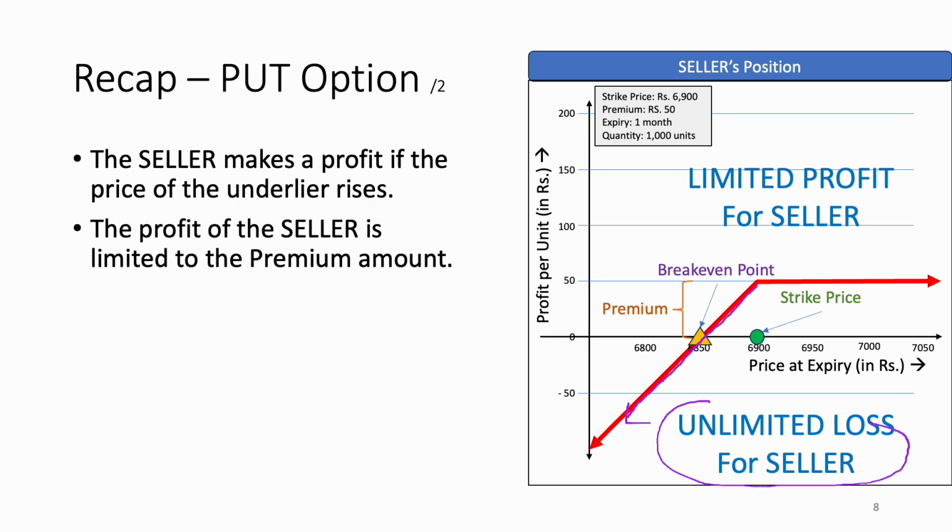However, if the price rises, the buyer will not exercise the put option, and so the seller will get the premium amount. This premium becomes a profit for the seller, and the seller's profit is restricted to the amount of premium agreed in this particular trade. So the seller will have a limited amount of profit, but he can have an unlimited amount of loss.